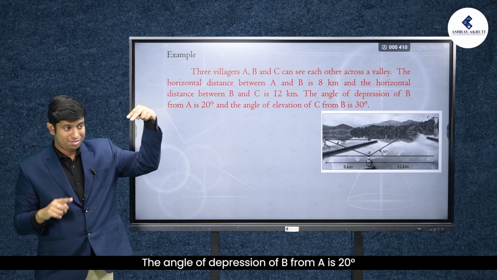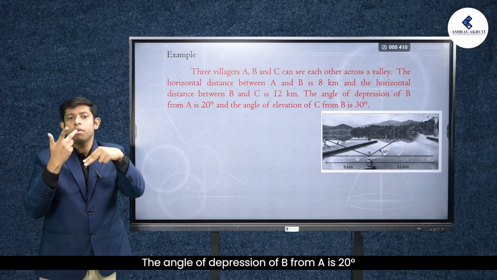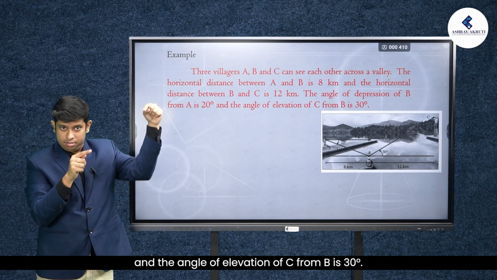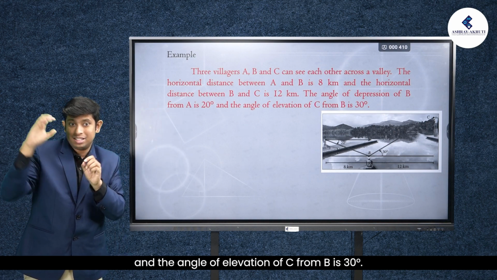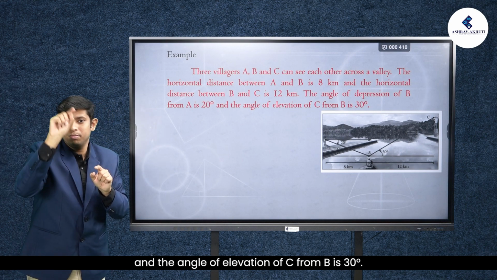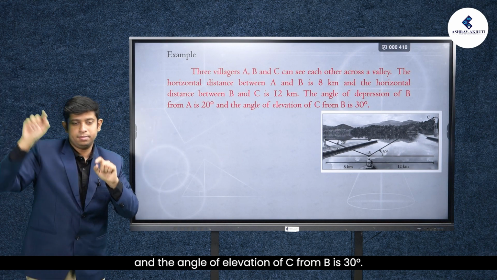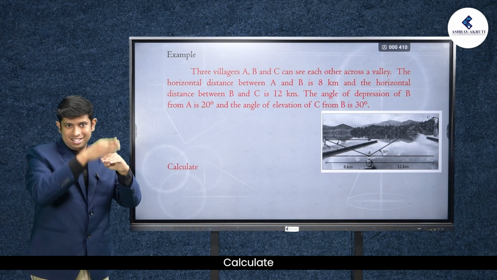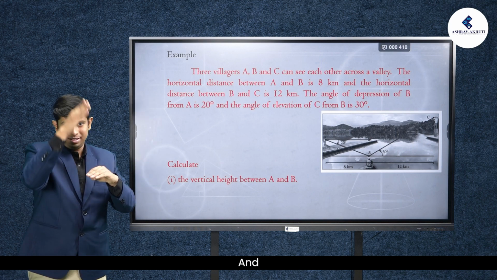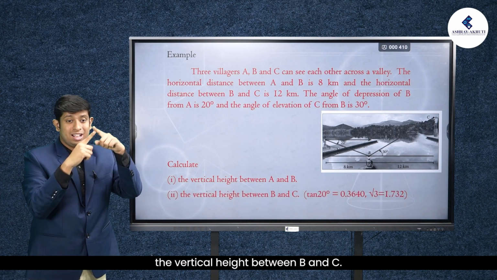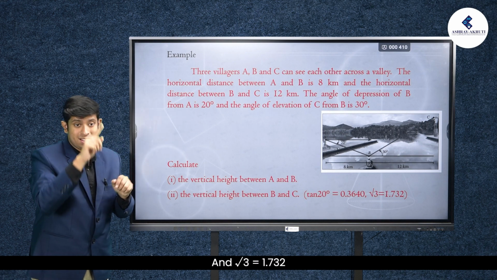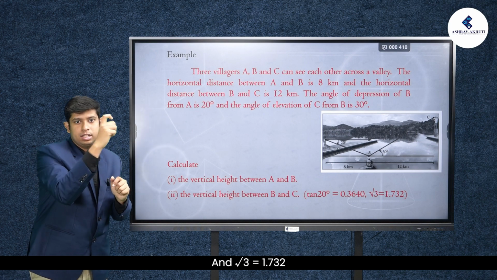The angle of depression of B from A is 20 degrees and the angle of elevation of C from B is 30 degrees. Calculate the vertical height between A and B and the vertical height between B and C. Tan 20 degrees is equal to 0.3640 and root 3 is equal to 1.732.